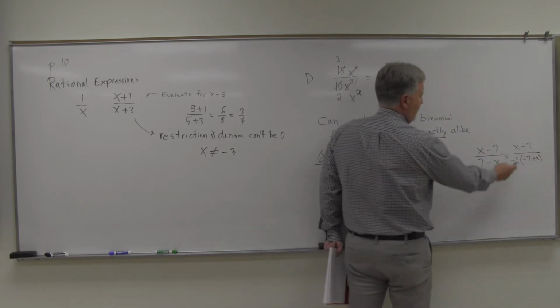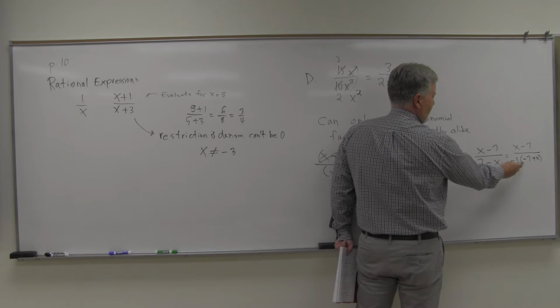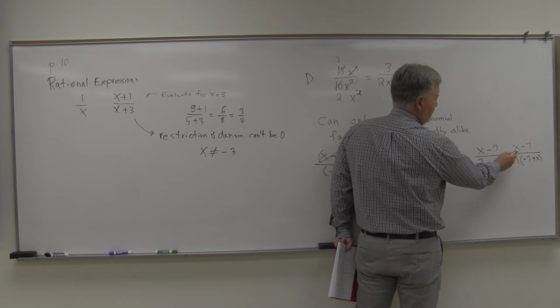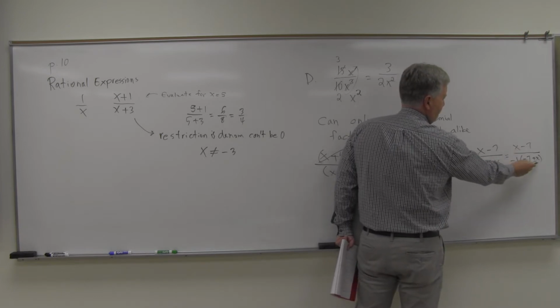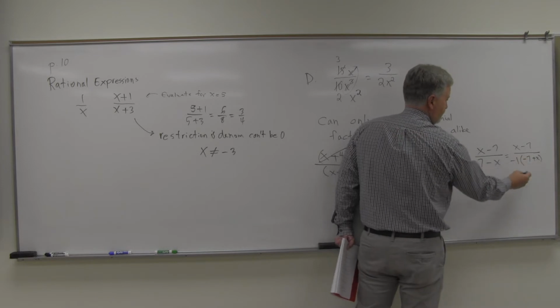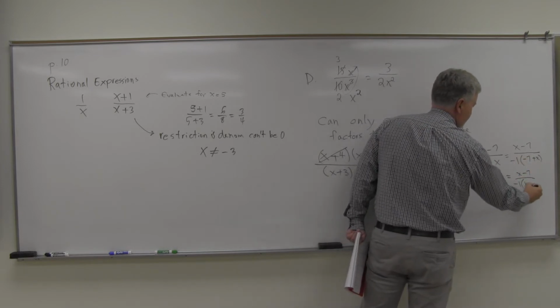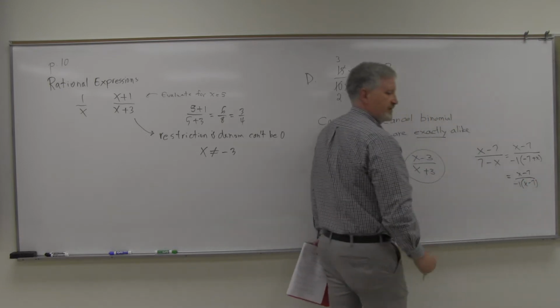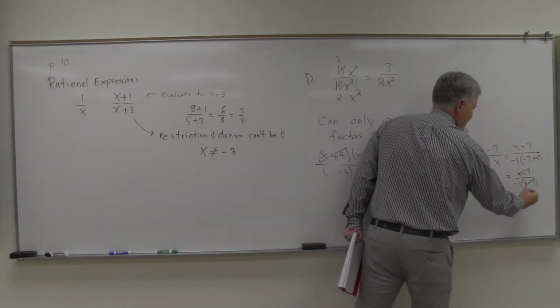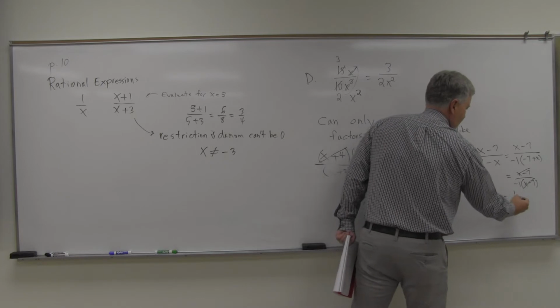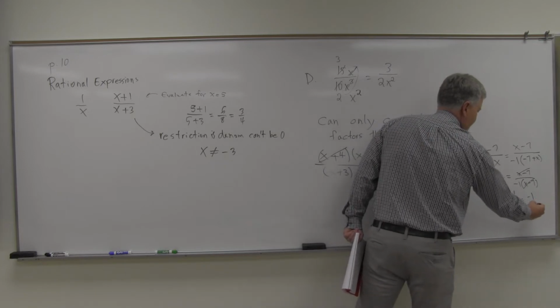Do you notice now, it's turned around, but you've got x minus 7, and then this is also x minus 7, if we just write it that way. Now they do match.